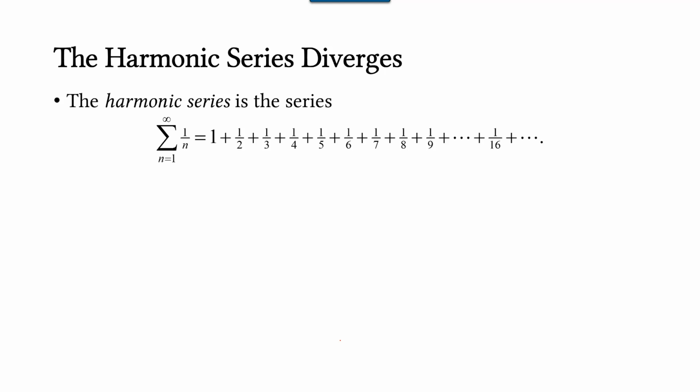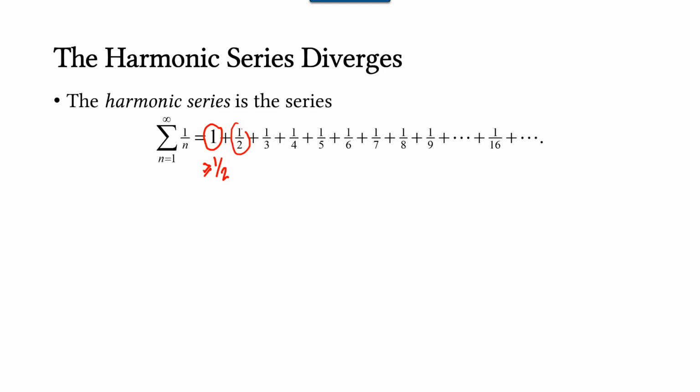So I've written out the first several terms of the series, and the idea behind what we're about to do is to show that if we go out far enough in our series, we can make the partial sums be as large as we want. We start by just taking a look at the first term, and we'll note something that's not terribly impressive, and that is the first term is bigger than a half.